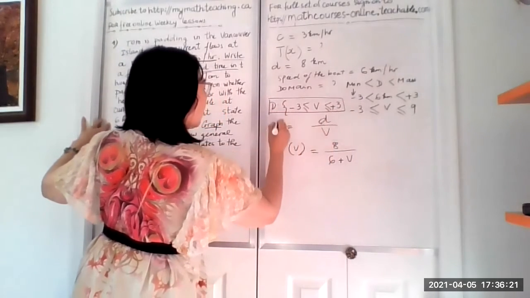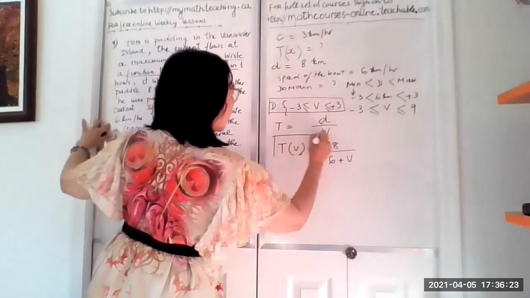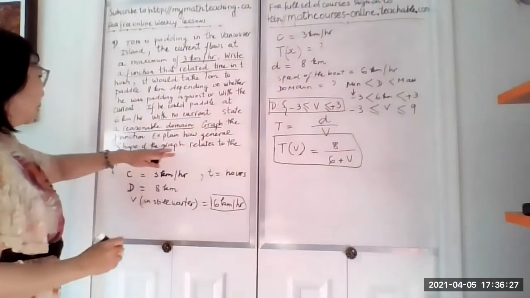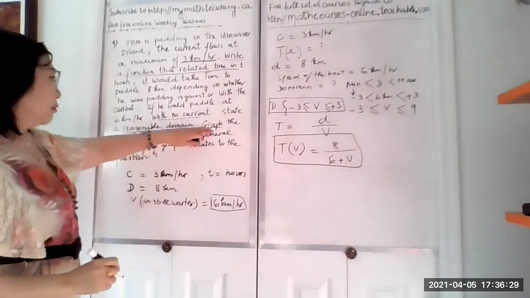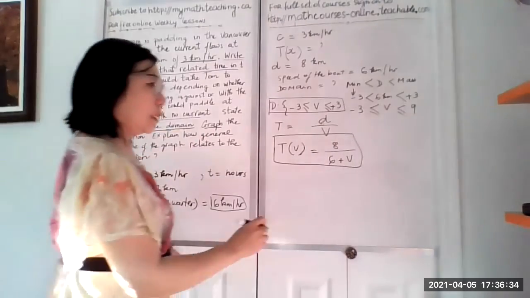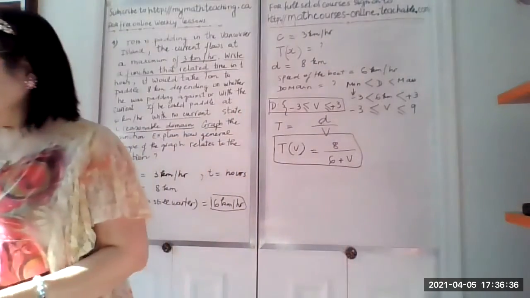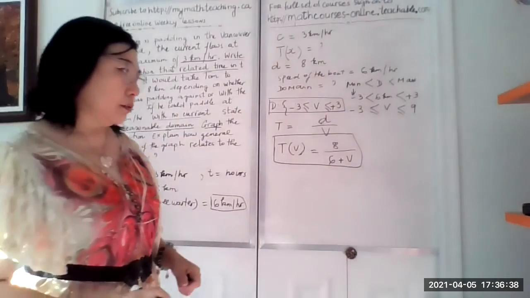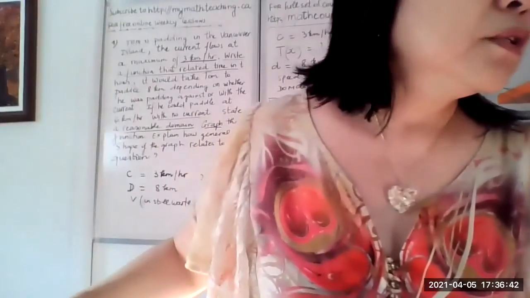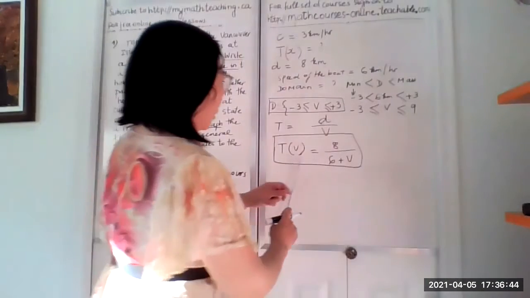So this is the first answer, this is the second answer. Let's frame it. Next: explain, draft the function, and explain how the general shape looks. Now, if I draft this function, I'm going to do it very quickly, because we already learned how to sketch it.